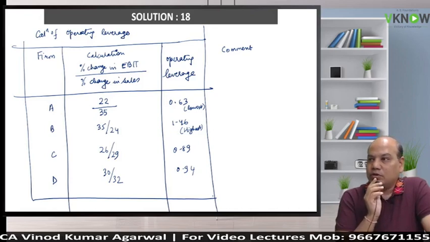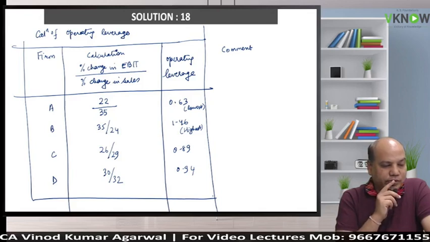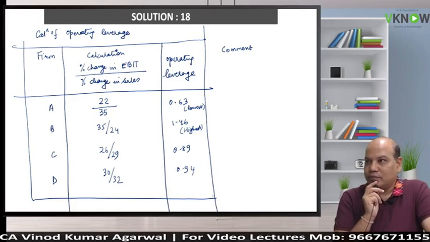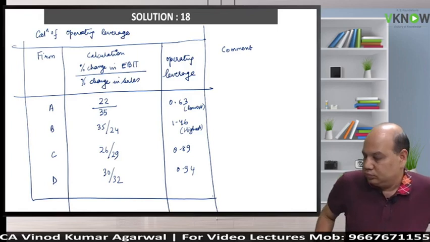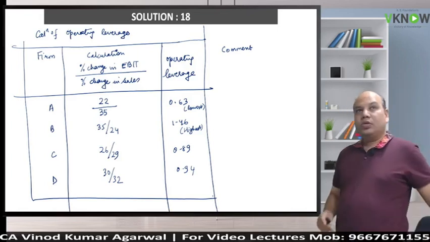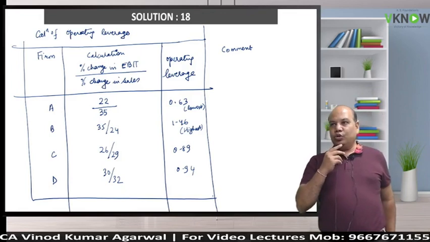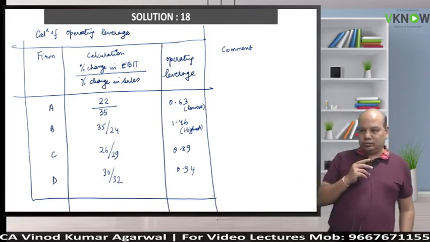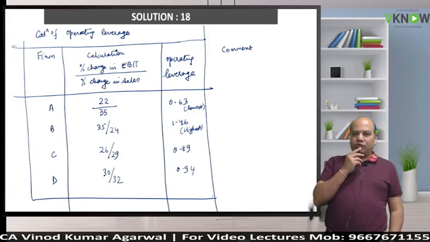B limited has the highest operating risk. Whereas A limited has lowest operating risk.